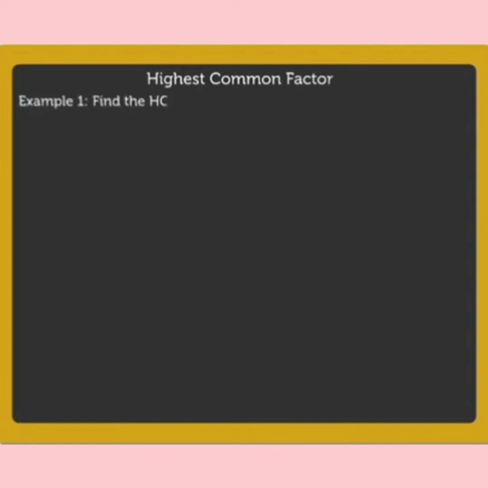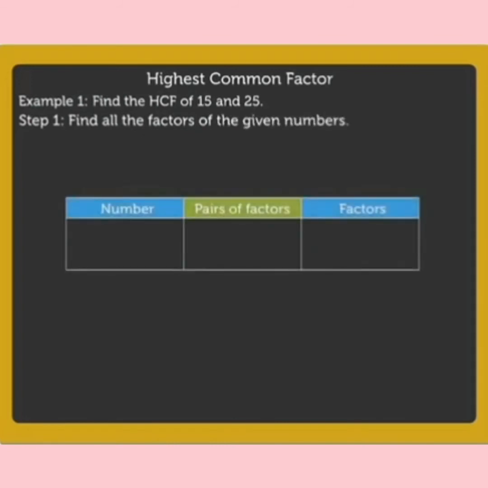Find the HCF of 15 and 25. We will follow a three-step process to find the highest common factor. Step 1. Find all the factors of the given numbers.